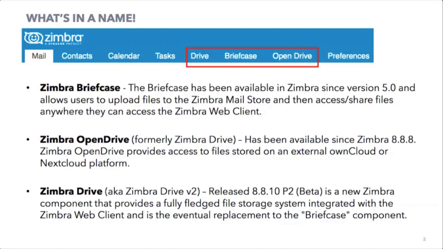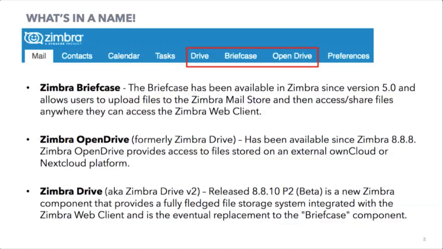It provides access to files stored on an external file sync and share service, which is based on either OwnCloud or the Nextcloud platform. So the Open Drive technology, as it is named now, requires a third-party storage platform from Nextcloud or OwnCloud. You essentially need separate file storage for that.